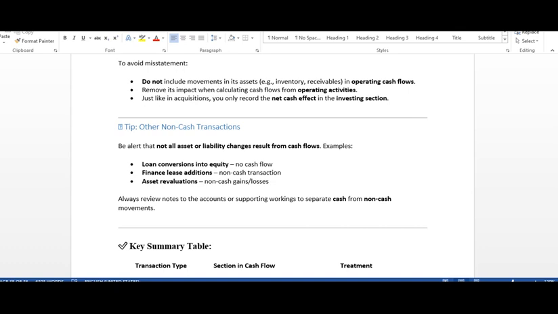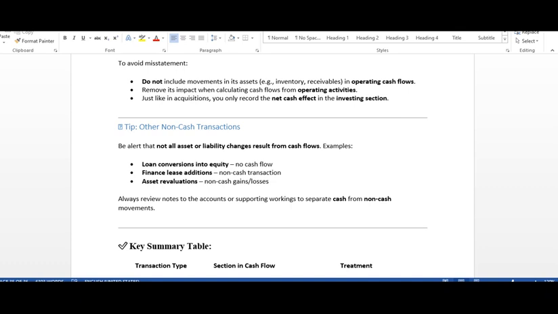You need to take note of them. So your loan conversion into equity, you need to take note of it. Your finance lease addition, you take note of it. Asset revaluation, you take note of it. Okay, so that is it.